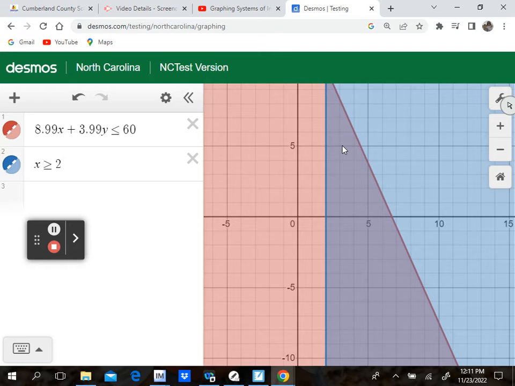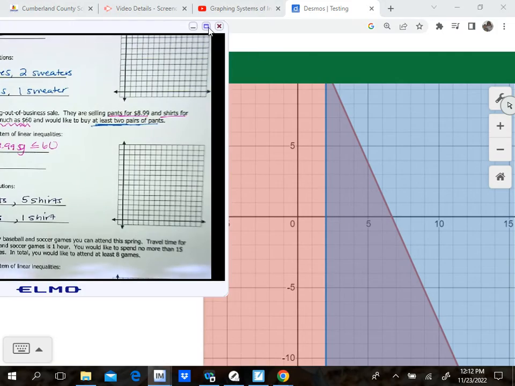So that's 3 pants and 5 shirts. Or you can come down here and it could be 5 and 1. So 5 pants and one shirt. Okay. Again, unlimited possibilities. Just pick one that you like. Okay.